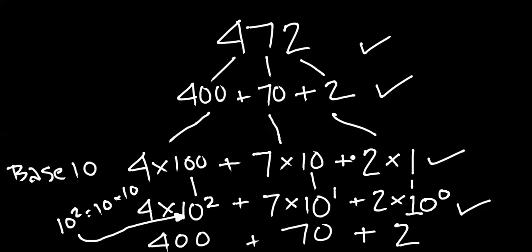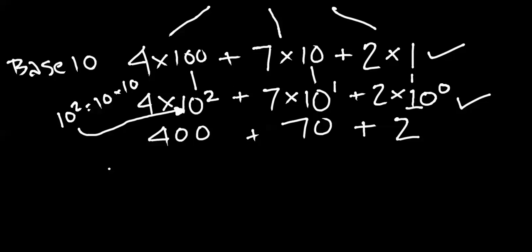Okay, so we have 472. I just had to pause the video there for a moment, so sorry for jumping around. Let's bring this down and take a look at a slightly easier problem.